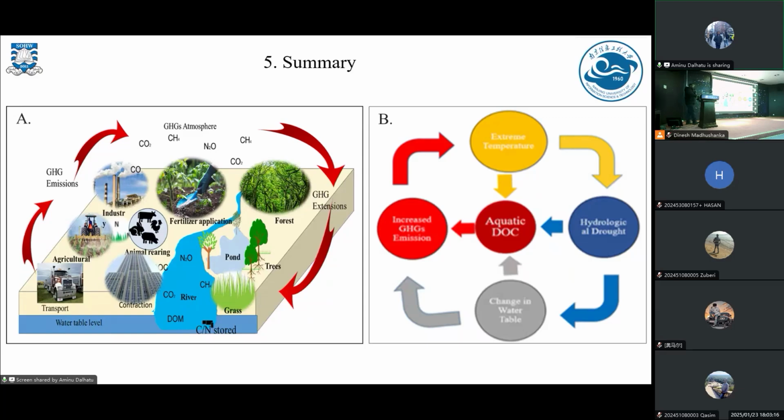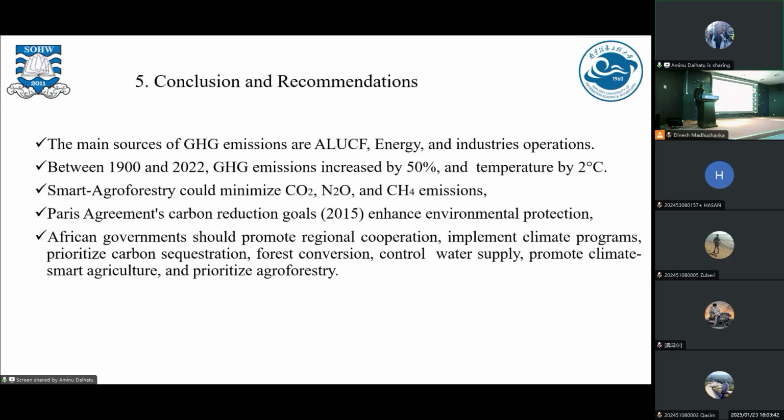Also, if the water table is decreased, the dissolved organic carbon in the aquatic system is also affected, and the dissolved organic carbon in water starts to release carbon dioxide or methane that may increase greenhouse gas emission. If greenhouse gas emission is increased, the extreme temperature is also increased.